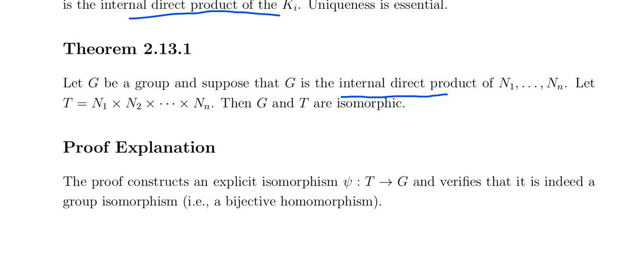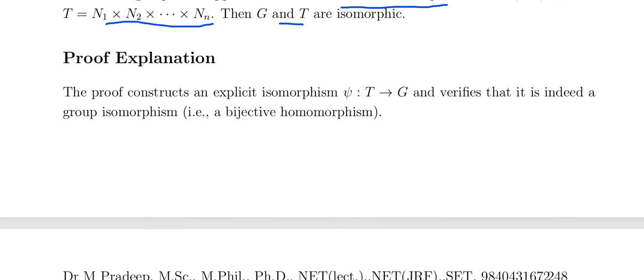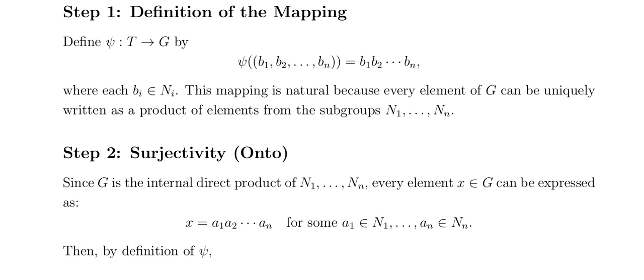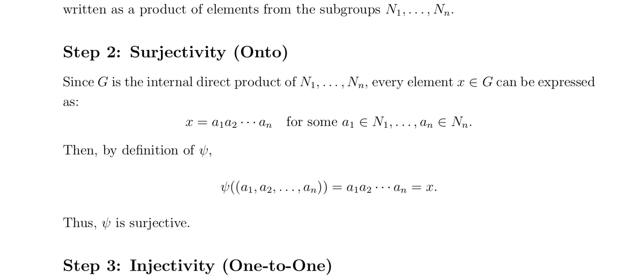Here we define a mapping psi from T to G, psi of (b1, b2, ..., bn) is the product of the bi. No need to prove it.